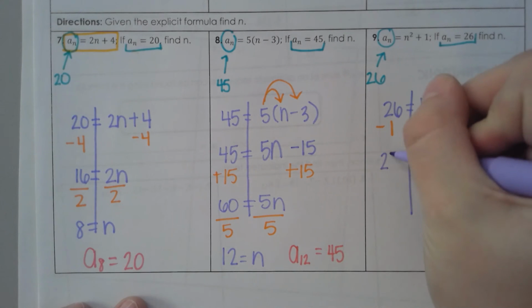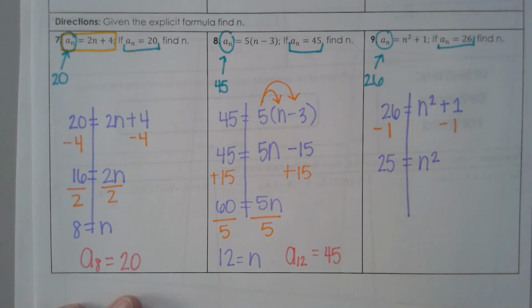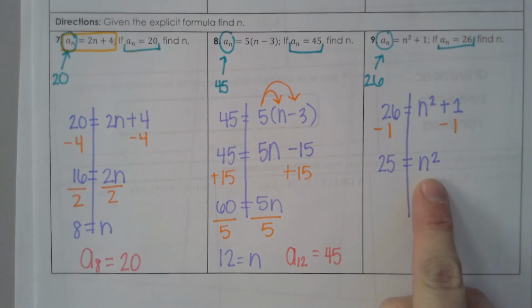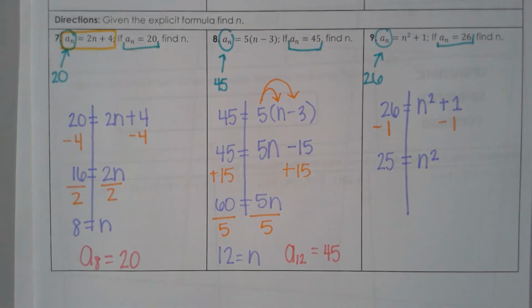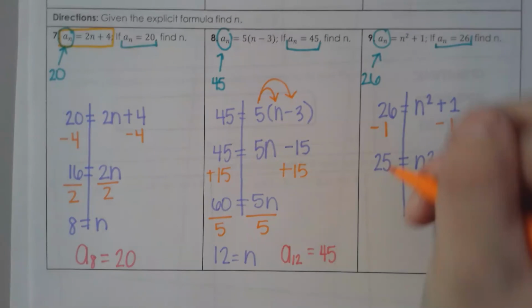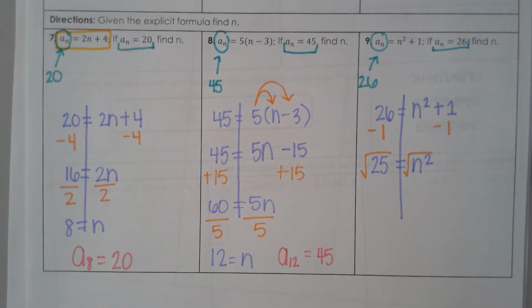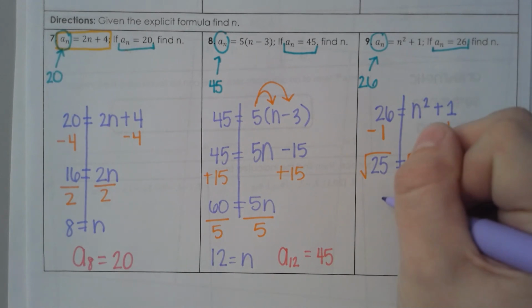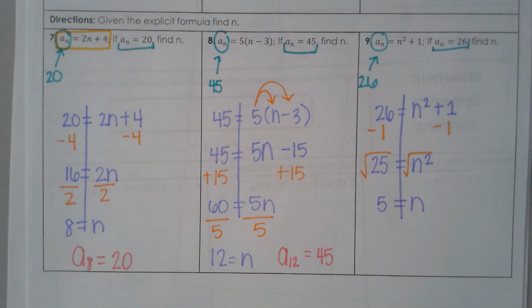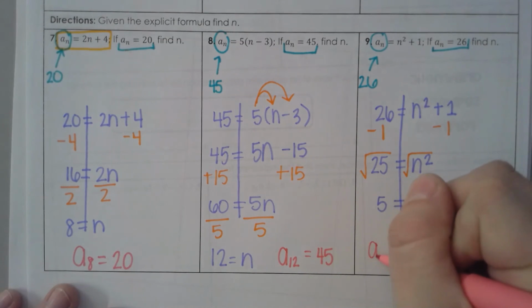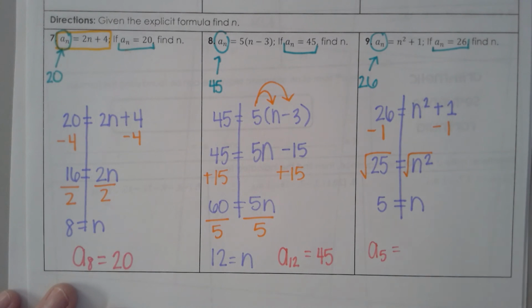We get 25 equals n squared. Now my goal is to get the n by itself. How do I get rid of that squared? Do not divide. Multiply. Nope. The square root. So we're going to take the square root of both sides. And what is the square root of 25? 5 equals n. So that tells me that the fifth term, or A5, is a 26.